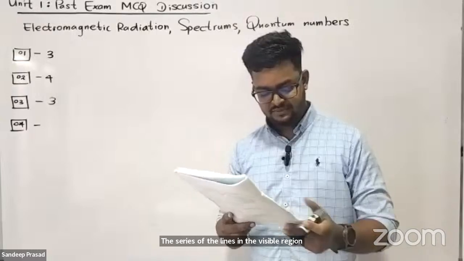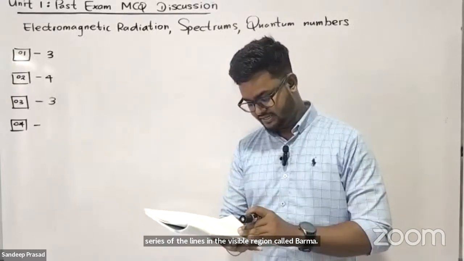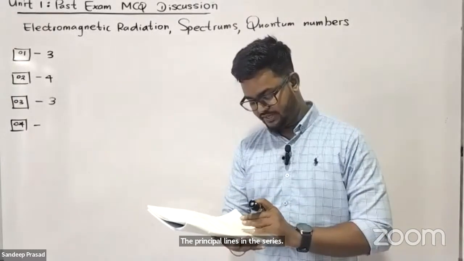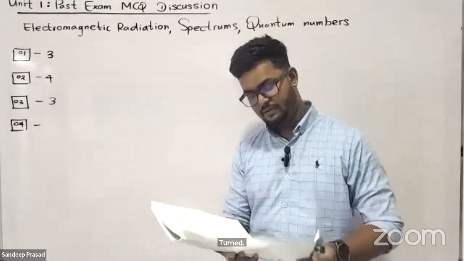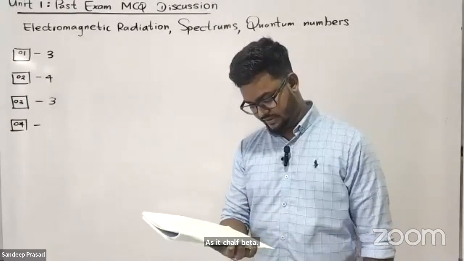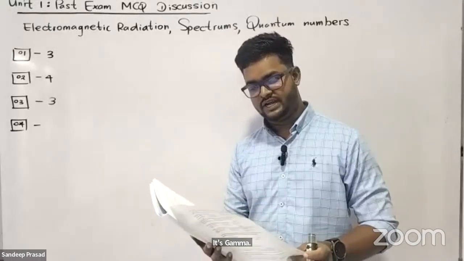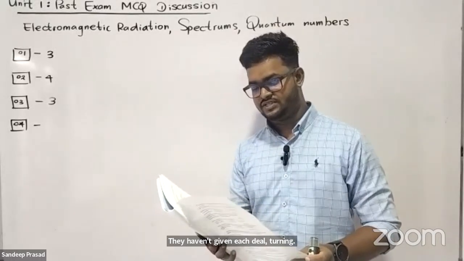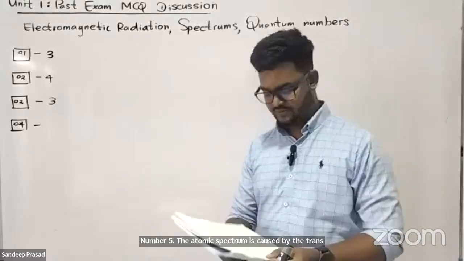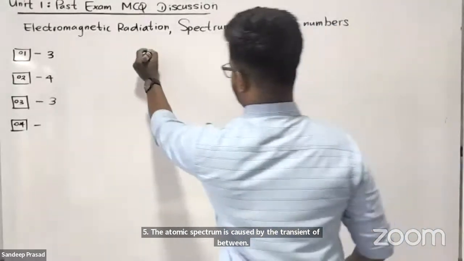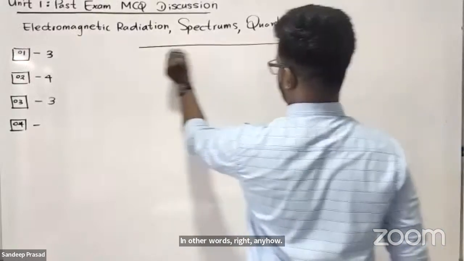The principal lines in the Balmer series are termed H alpha, H beta, H gamma. They haven't given H delta. Number five, the atomic spectrum is caused by the transition of electrons between energy levels. Anyhow, let's revise the hydrogen emission spectrum quickly.